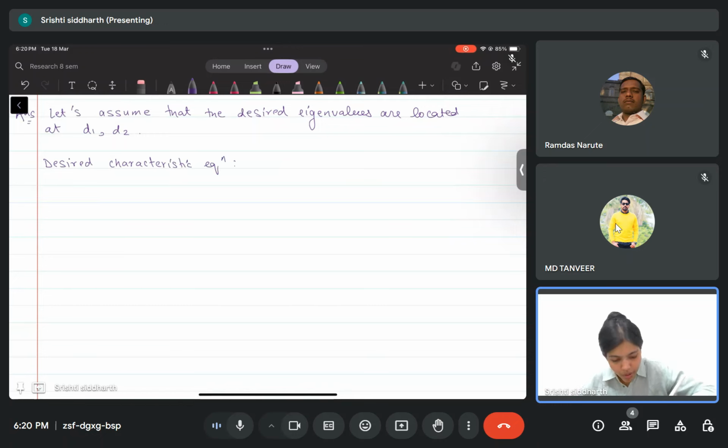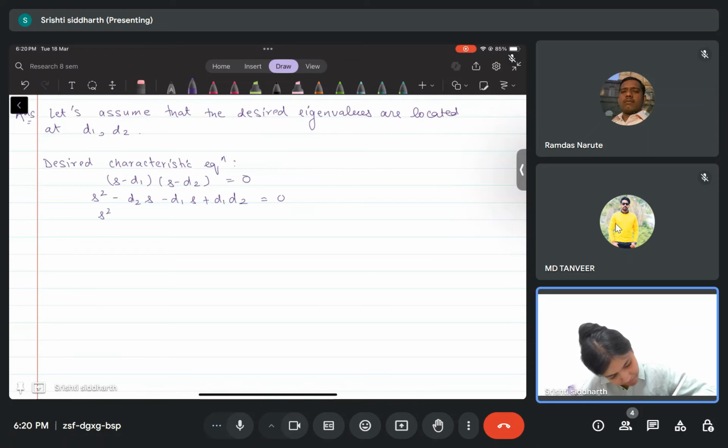That is simply going to be (s minus D1)(s minus D2) equals 0. This is s squared minus D2 s minus D1 s plus D1 D2 equals 0. So we have the sum of eigenvalues and the product of eigenvalues. This is the desired characteristic equation.